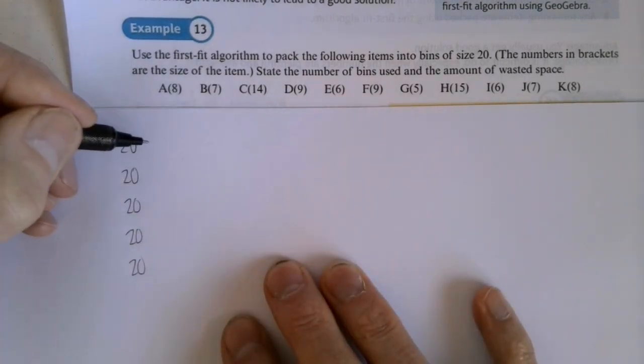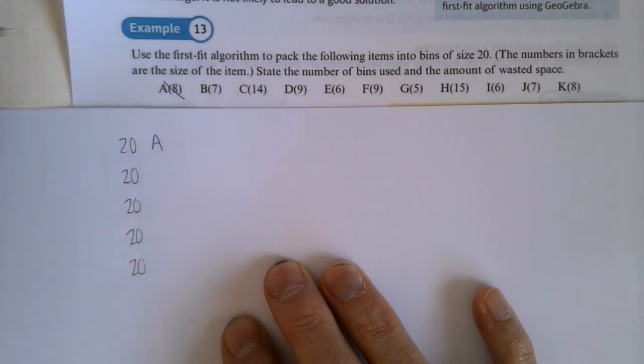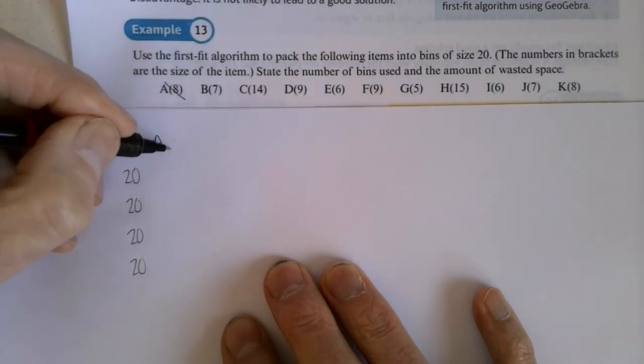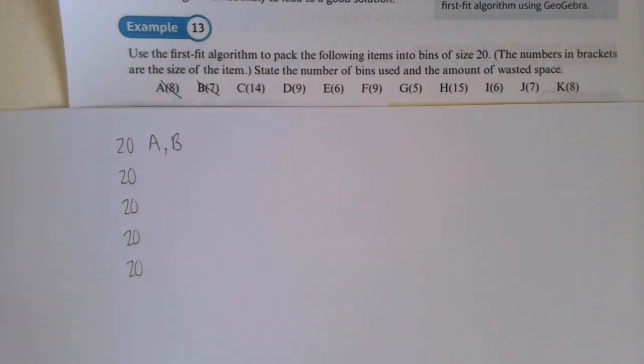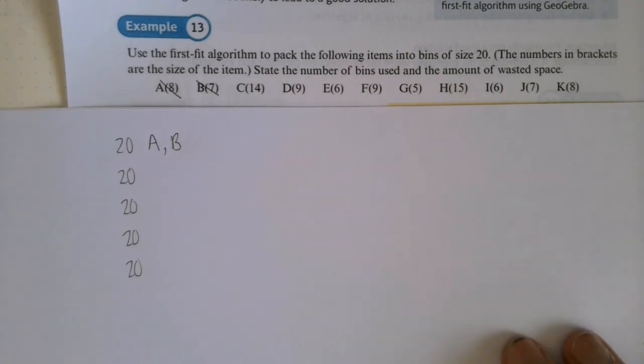A is 8, so A can go in there. B is 7, so B can go in there. Right, go on then, see if you can finish that one off and state the number of bins used and the amount of wasted space. Pause and have a go.